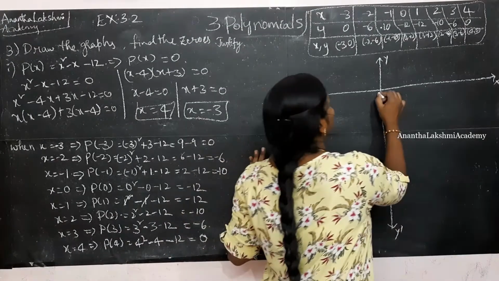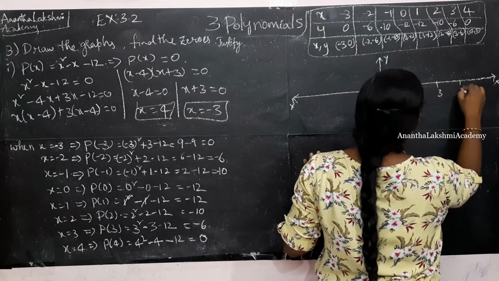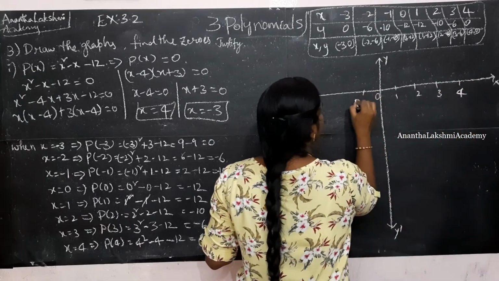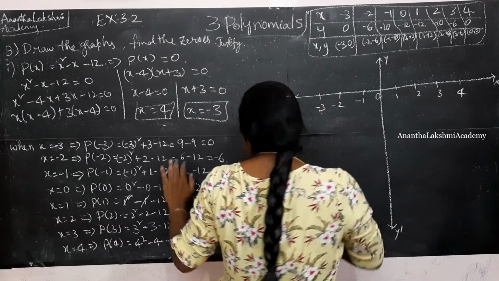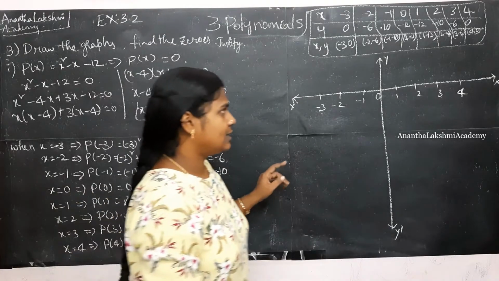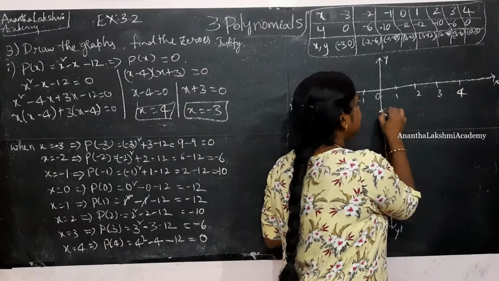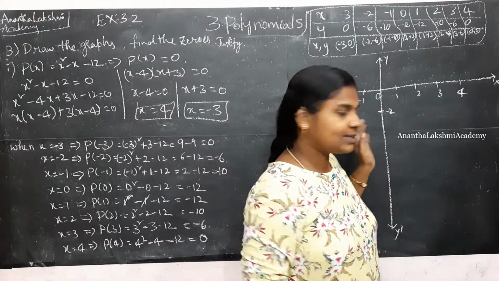Alright. So 0, 1, 2, 3, 4. And this is minus 1, minus 2, minus 3. And 6, 12, 10, okay. I'm going to consider a scale of 2 on the y-axis.